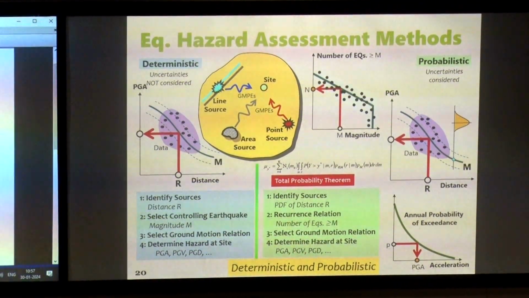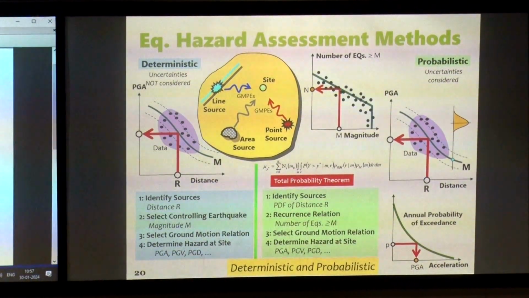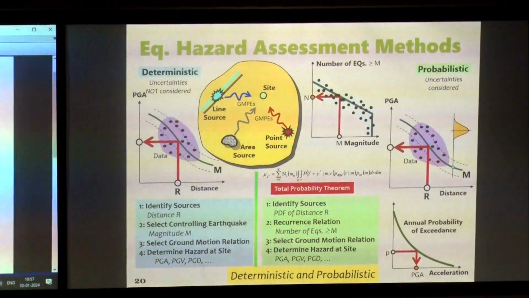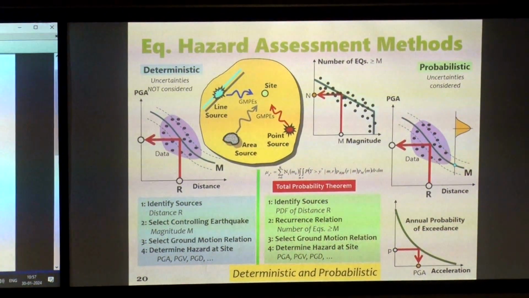So the hazard that we are going to see is basically a hybrid, where both deterministic as well as state-of-the-art probabilistic seismic hazard analysis methods are used to come up with that.